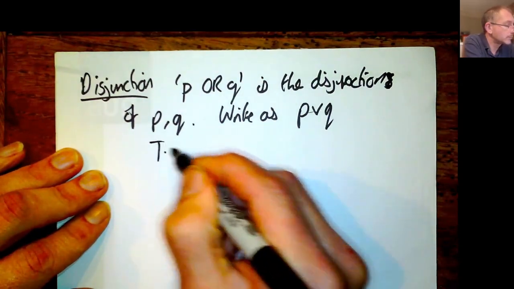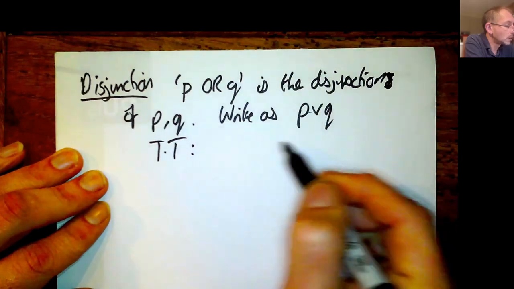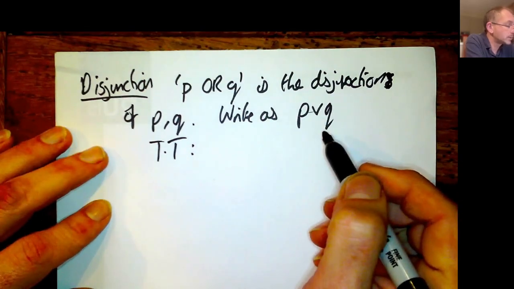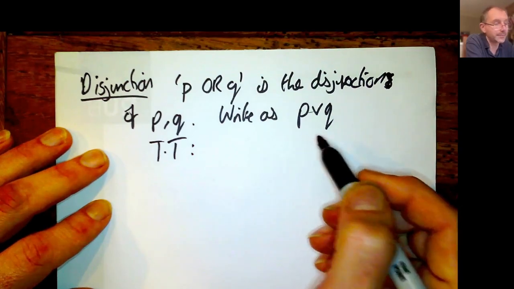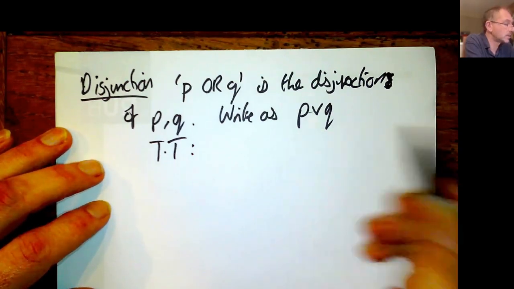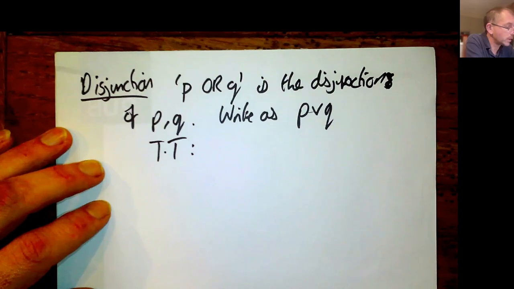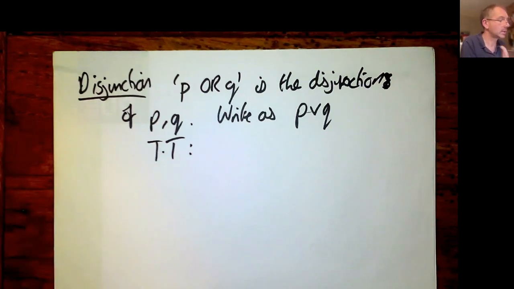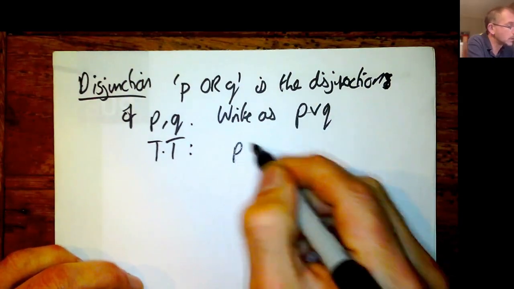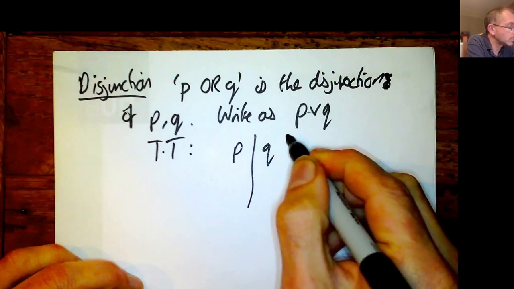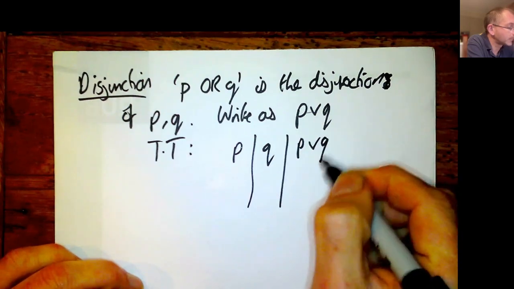The truth table. So this is going to be true when at least one of them is true. So in the same way that we take it that or in this situation is an inclusive case, it will be for this as well. Let's just write down the truth table and all will become clear.